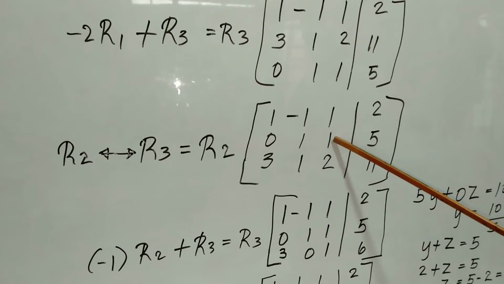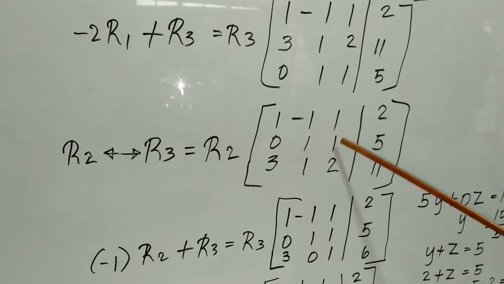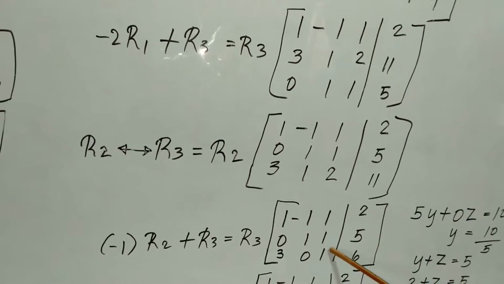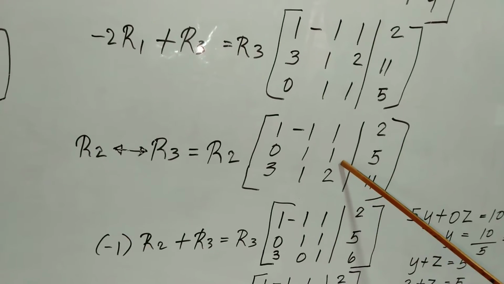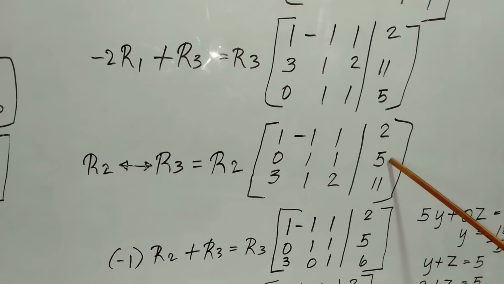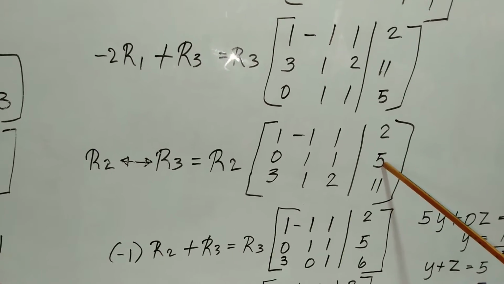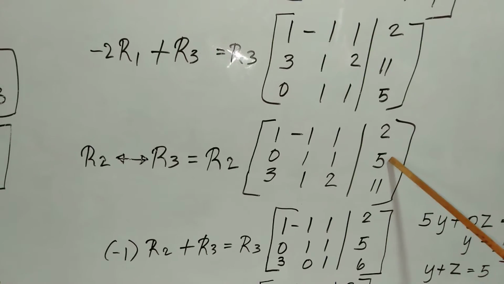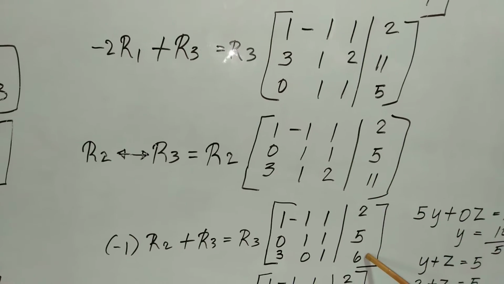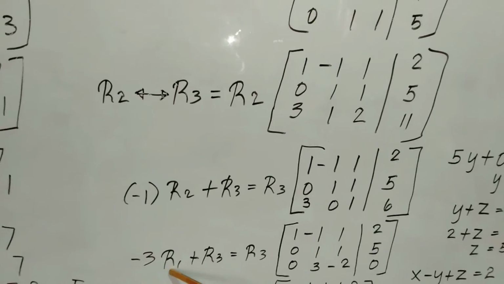And 1 times negative 1 is negative 1 plus 2 is 1. And negative 5 times negative 1 is negative 5, plus 11 is 6.